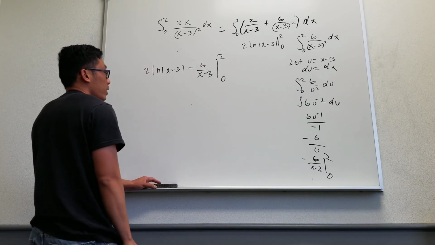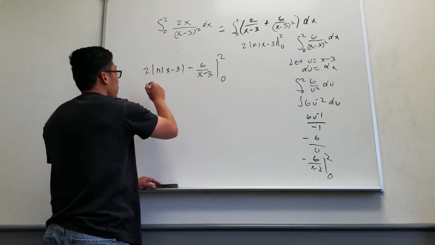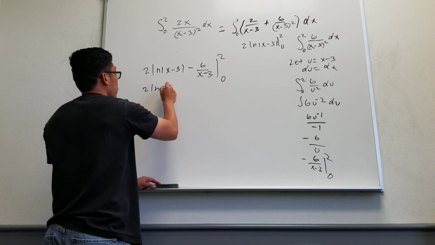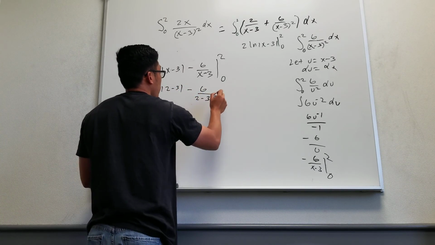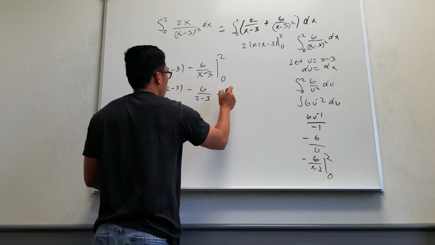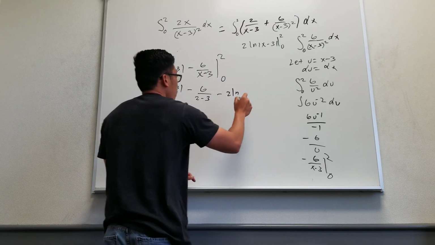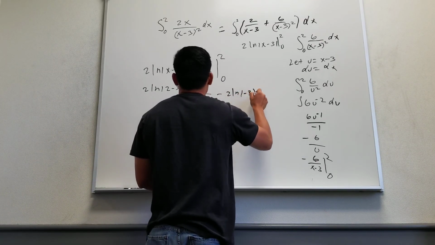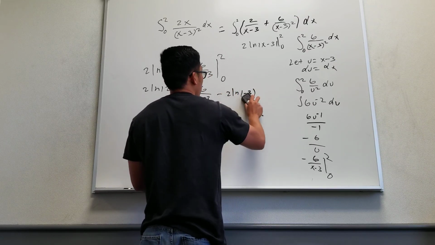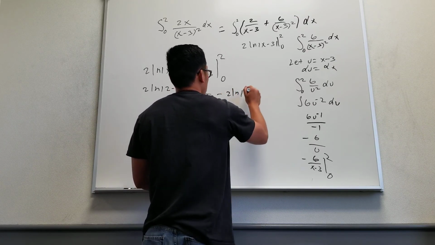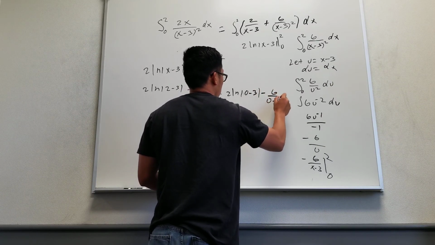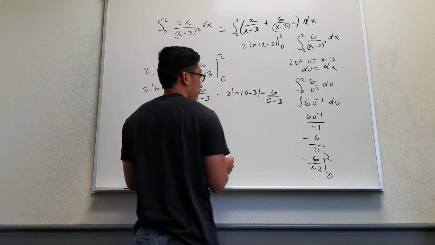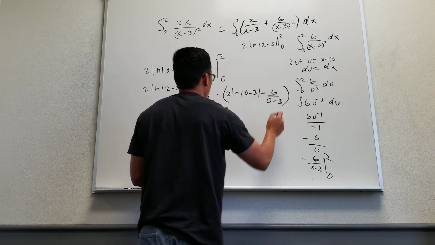Now let's simplify and plug in the limits. So ln of 2 minus 3, minus 6 over 2 minus 3; plugging in 0, I get 2 ln of negative 3. Let me just show you how I got that: 0 minus 3, minus 6 over 0 minus 3. We need parentheses right there.